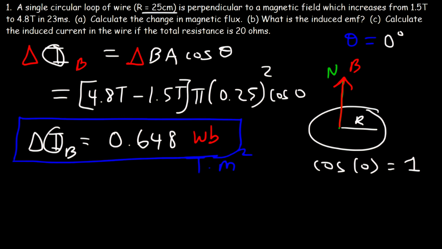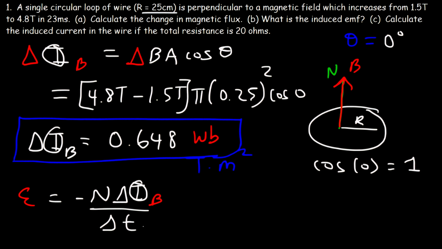Part B, what is the induced EMF? To calculate the induced EMF, we can use this formula. It's negative N times the change in the flux divided by the change in time. N is the number of loops, and we have a single circular loop, so N is 1. The change in flux is 0.648, and the change in time, the magnetic field increased from 1.5 to 4.8 Tesla in 23 milliseconds.